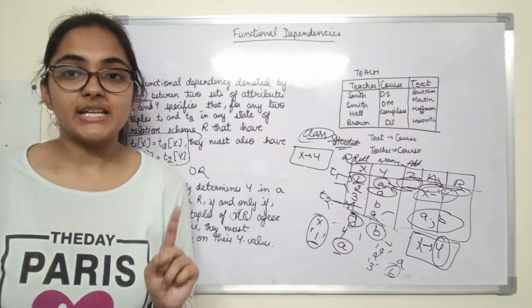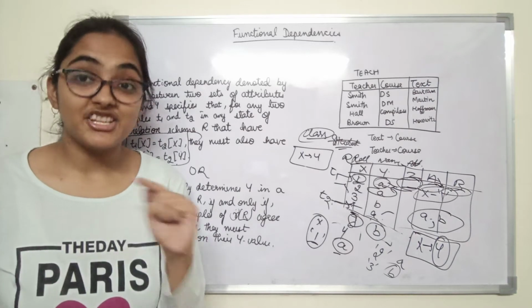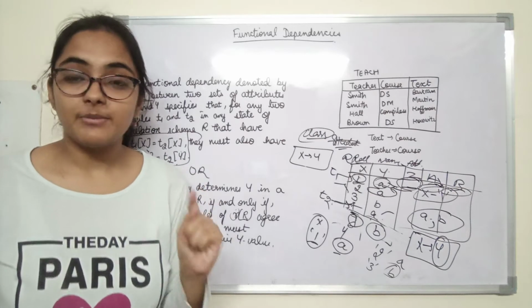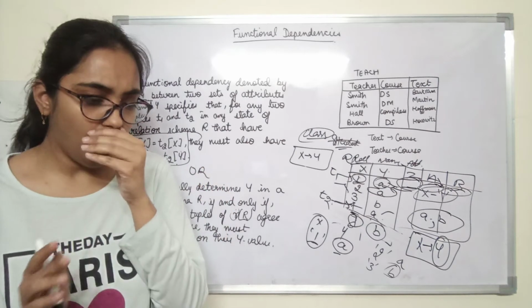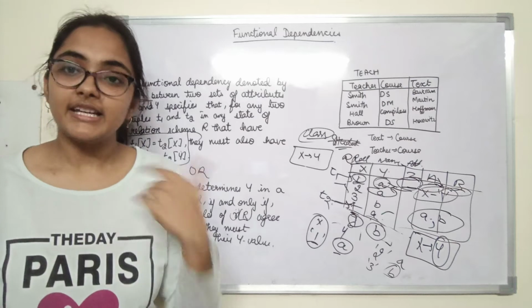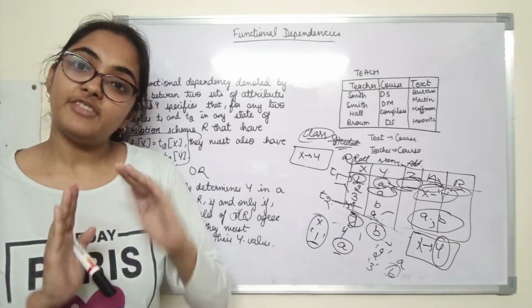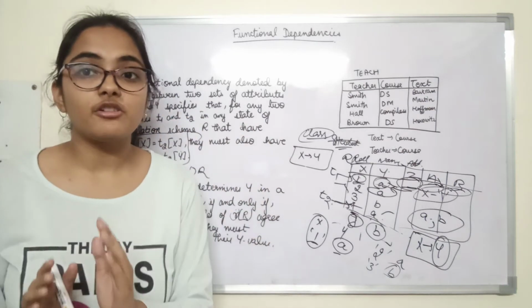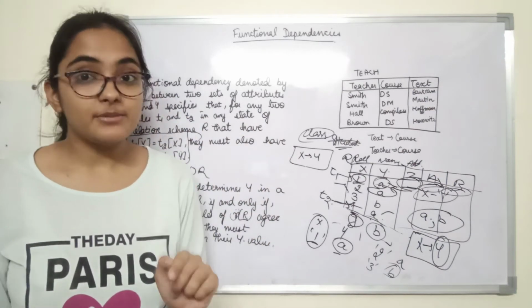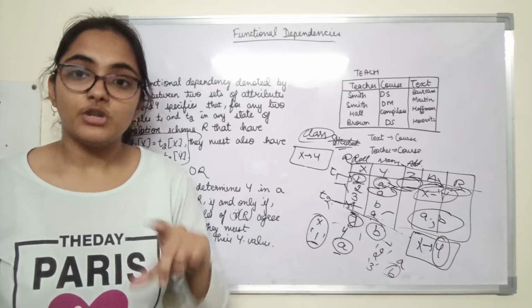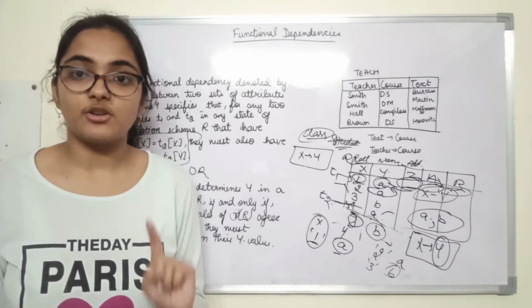A functional dependency is a property of a relation schema and not of a particular relation instance. Just like key attribute or primary key is a property of the entire relation schema and not of a particular relation state, similarly, a functional dependency is a property of a particular relation schema and not of any particular relation state.